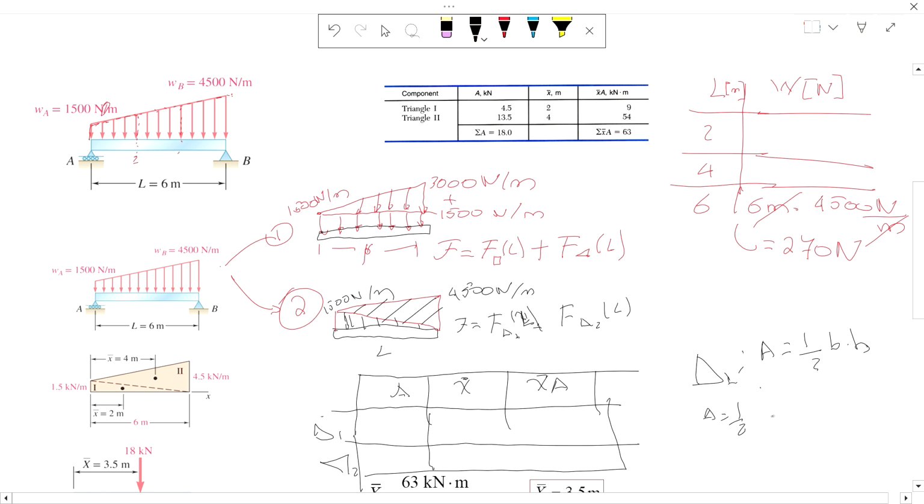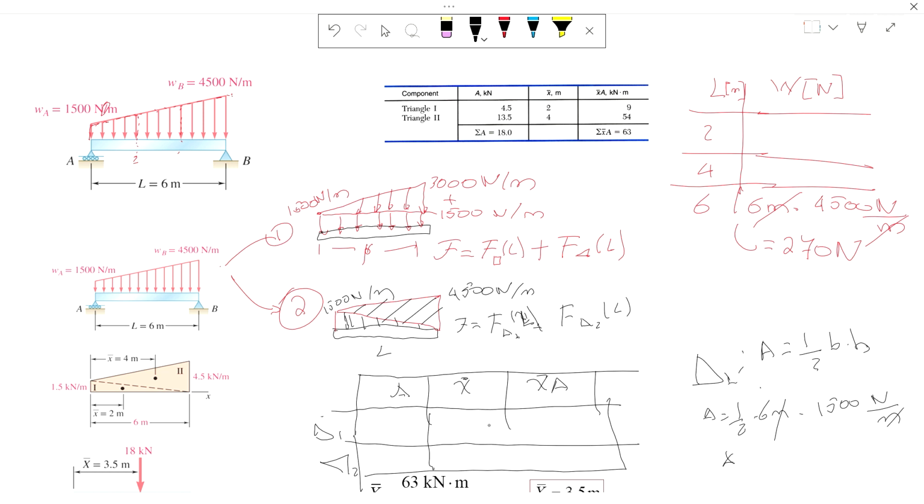Area equals 1/2 of base, which is 6 meters, times height, which is 1500 newtons per meter. All right, that will give us an area of not meters, but that region. That's why here we said at the beginning that we can assume that the area could be this force. Here, that area is going to give us a unit of force. So it's the distributed load of that whole triangular shape.